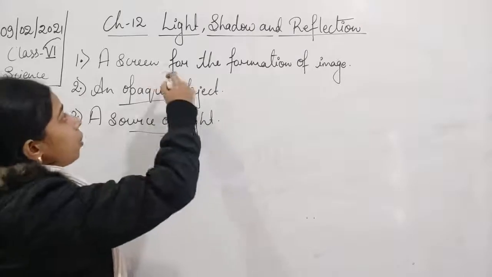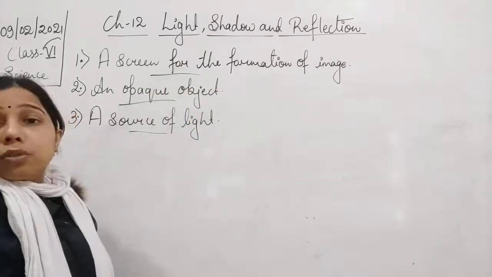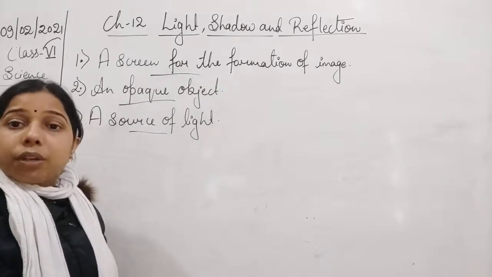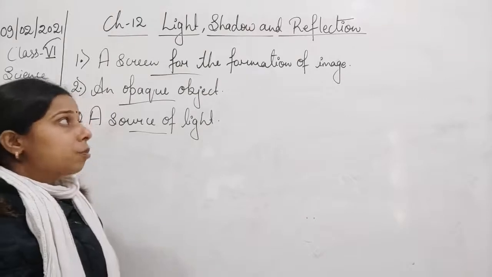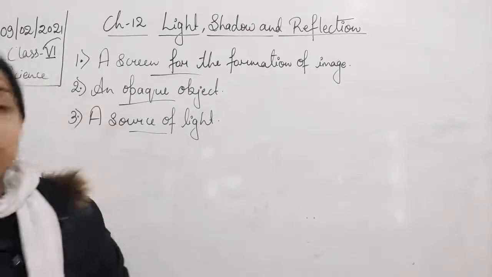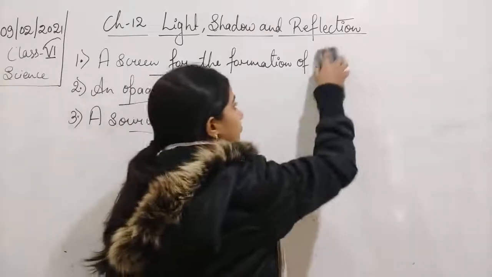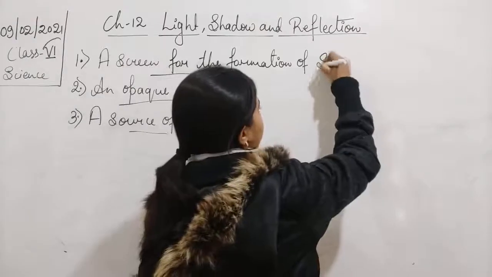And a shadow is formed when there is a screen, meaning where we are going to see the shadow. So a screen must be there for the formation of the shadow. Instead of writing image here, we can write formation of a shadow.